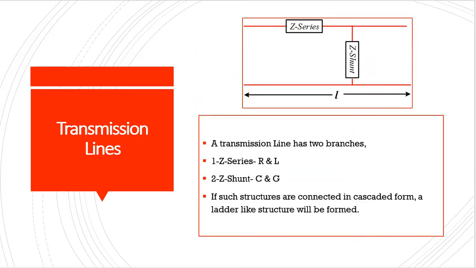Now in the next step, let me show you that R and L, both of them are joined to form an impedance, right? Resistance and reactance both are summed up in order to represent them with the help of an impedance, which I have shown here as Z series.